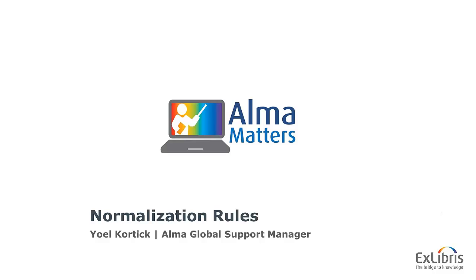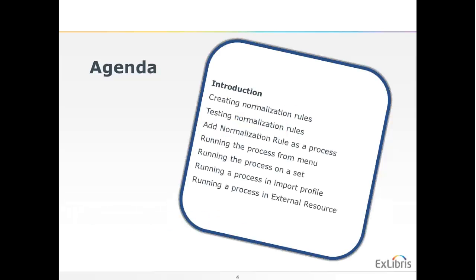Okay, so this is Alma Matters, and we're speaking today about normalization rules. Here's what we're going to show: an introduction, which we're doing now. Then we're going to create normalization rules, test them, and then add them as a process.